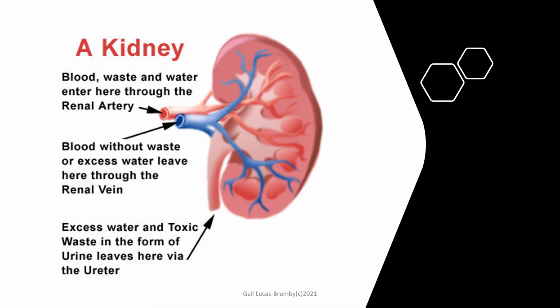The arteries and veins that feed the kidney are the renal blood vessels. The renal artery takes oxygenated blood into the kidney and it is filtered by the kidney, and the cells of the kidney then give off their deoxygenated blood with carbon dioxide, and that leaves the kidney via the renal vein.